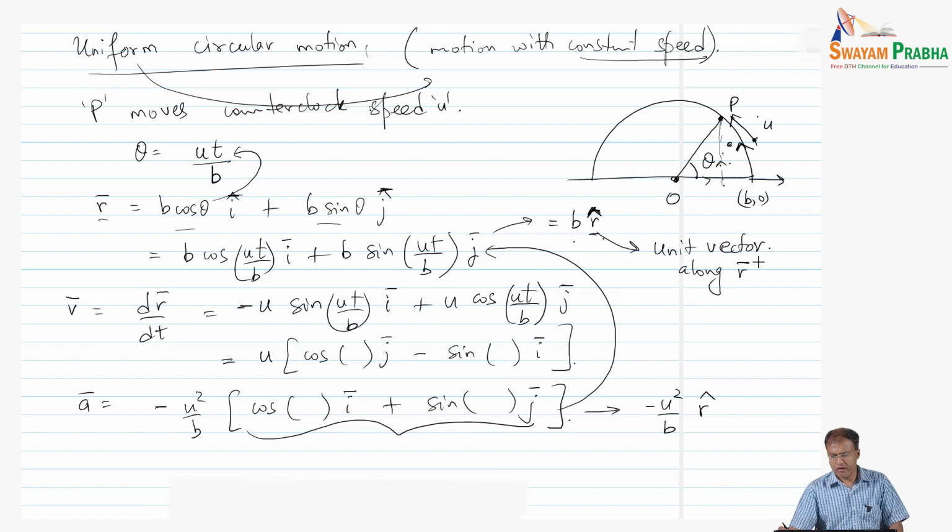That is, the acceleration acts along the radial direction and it has a negative sign, which means it acts along the radial direction towards the origin, right?